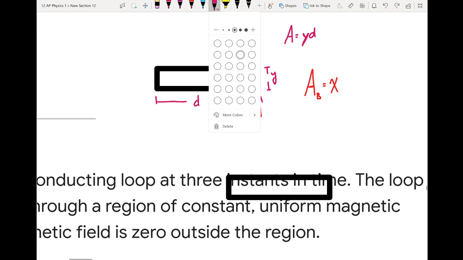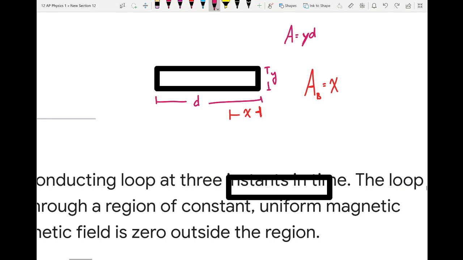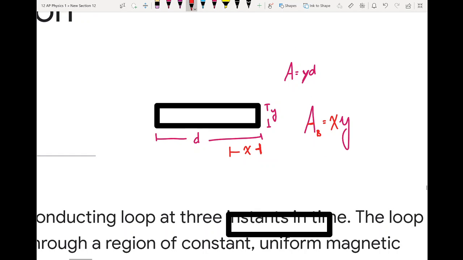The thing about the area within the magnetic field is that it is changing.